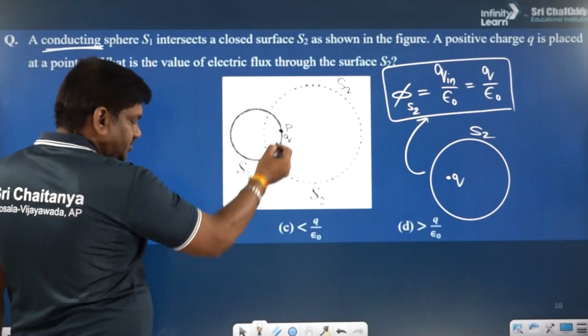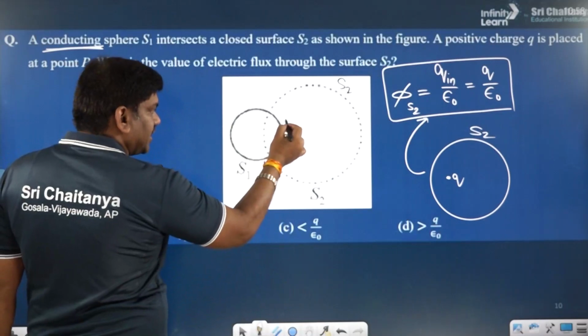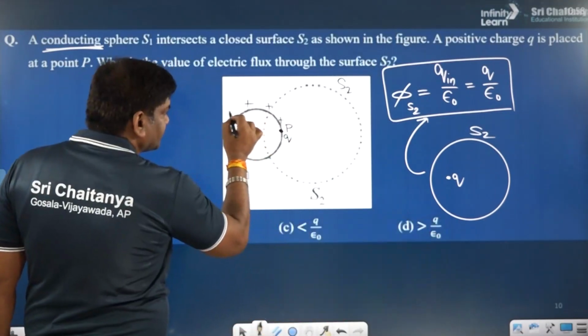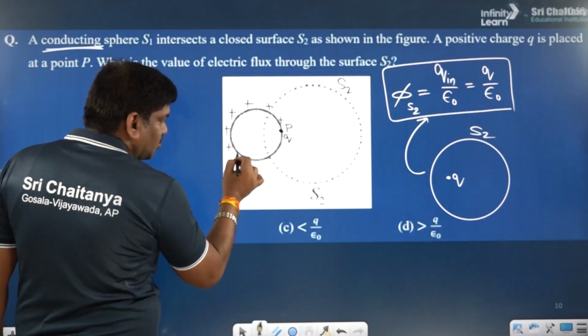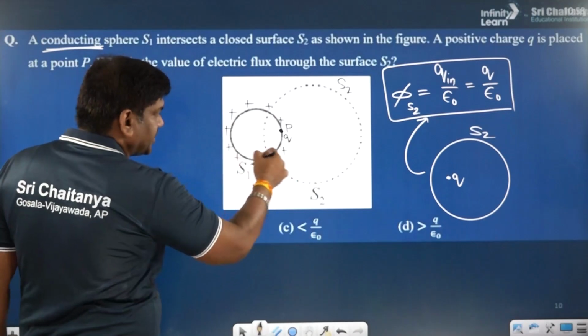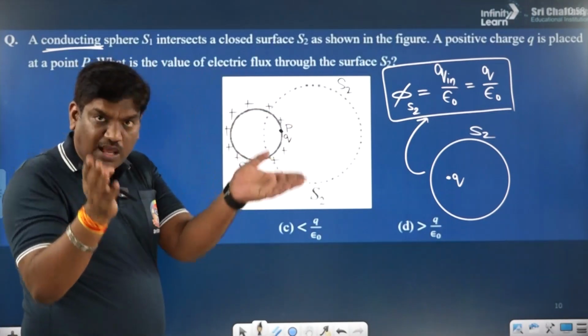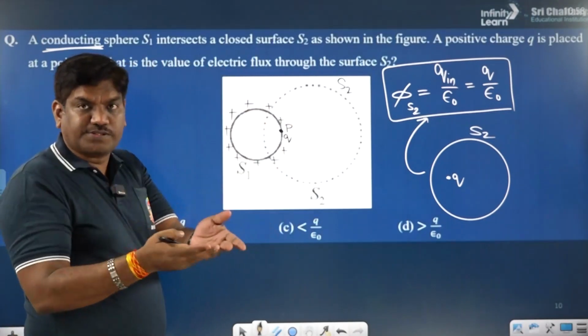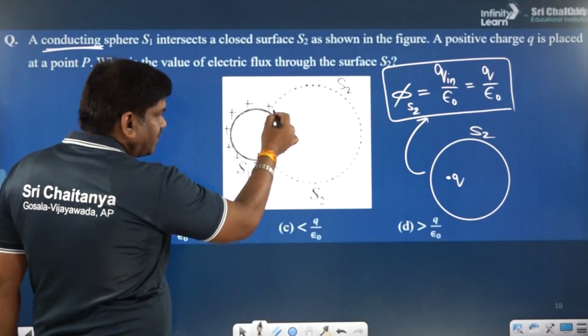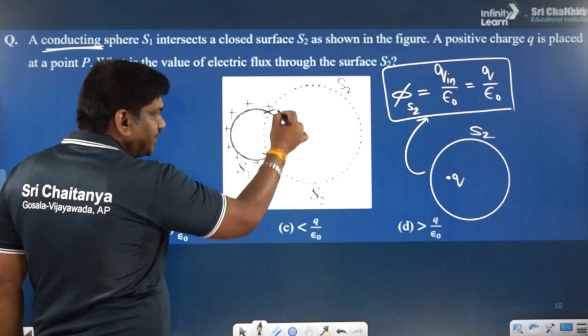what will happen? This charge will be distributed on the entire surface. Though you are putting it on the point P, this charge will be distributed among the entire surface. So only this much charge will be inside.